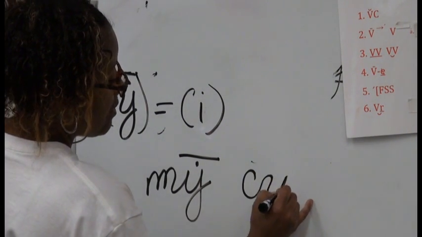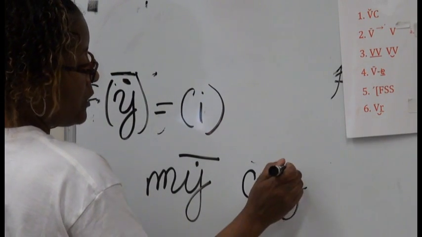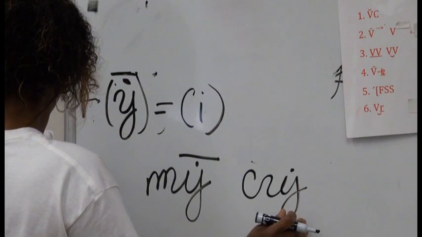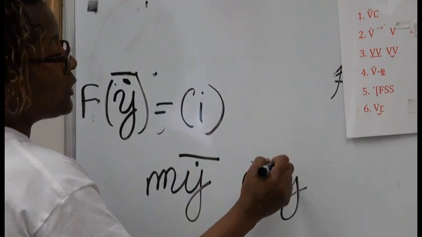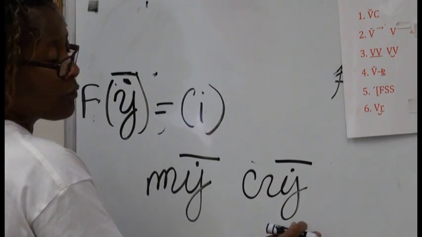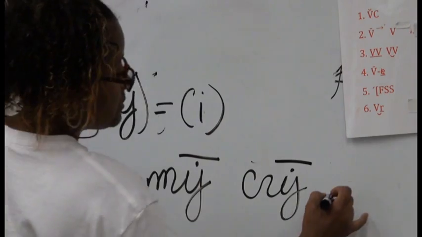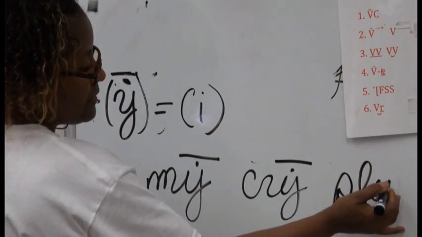Next one, C-R-Y. We have a Y in the final position. We're going to code it with a dot. It's accented, so that makes it long, and we code it with a macron. So the word is cry. Then let's do this one. P-L-Y. We have a Y in the final position.